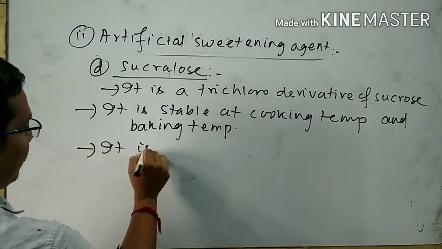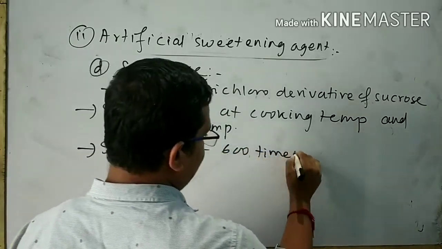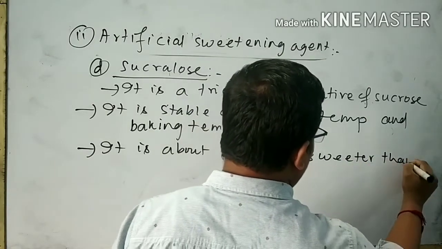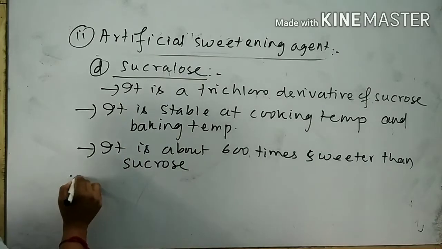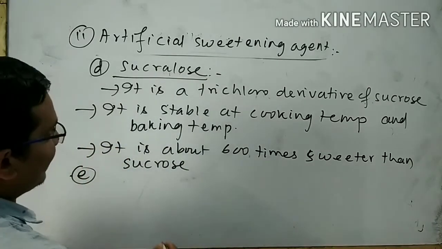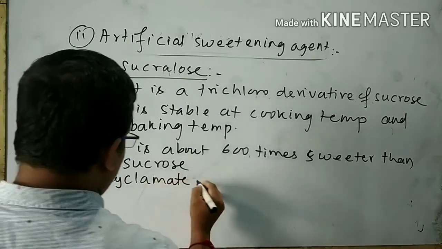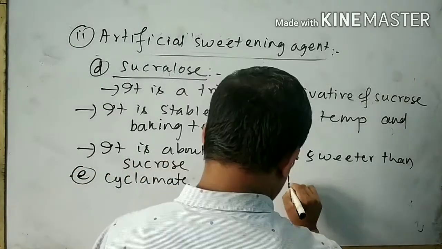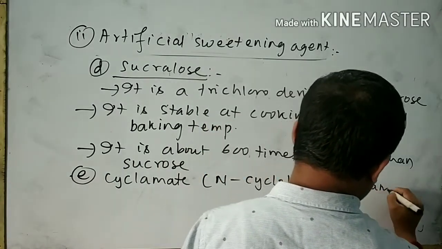It is about 600 times sweeter than sucrose. Next artificial sweetening agent is cyclamate, having the chemical name N-cyclohexyl sulfamate.